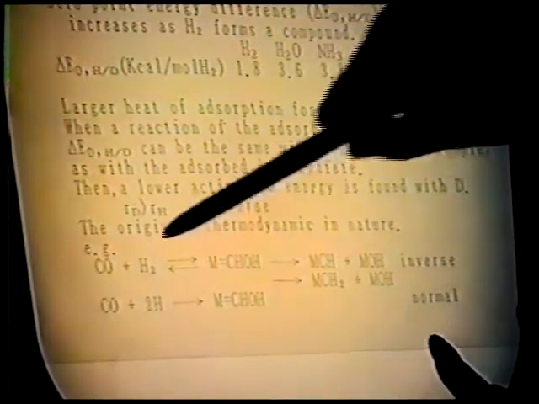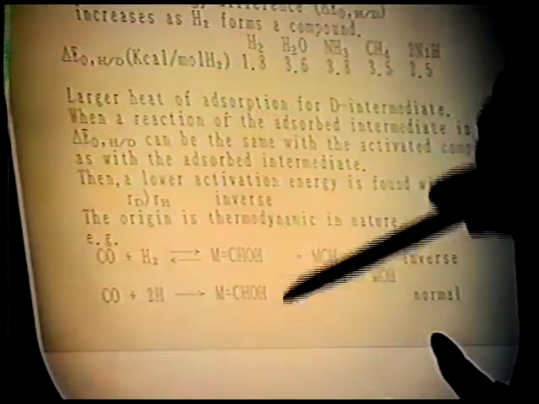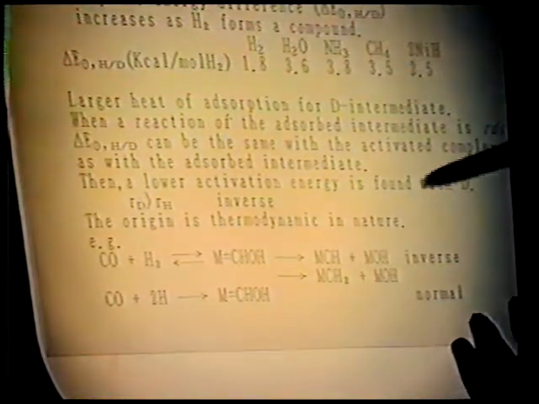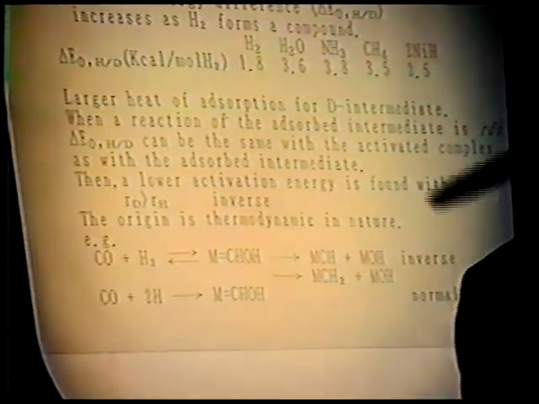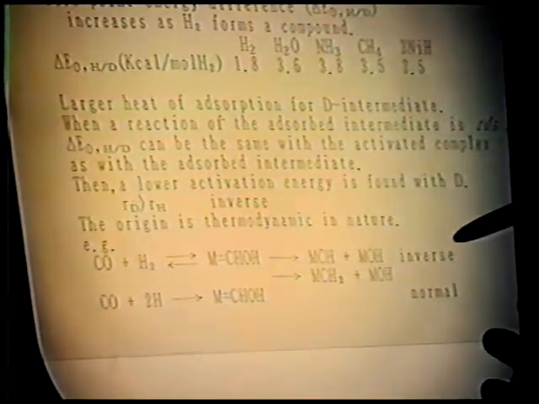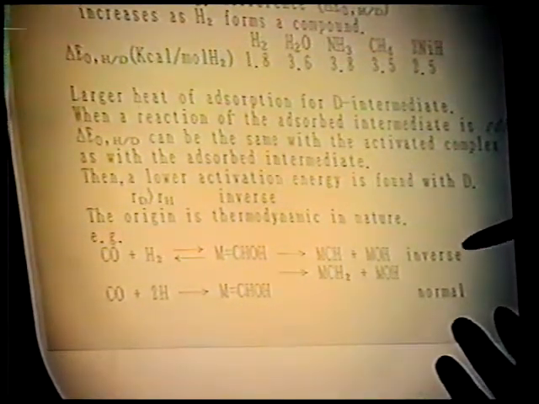For instance, in the case of carbon monoxide hydrogenation, if the intermediate is the isotopic CH species and this is equilibrated, and the dissociation of CO is the rate determining step, in this case the rate is faster in the deuterium system.